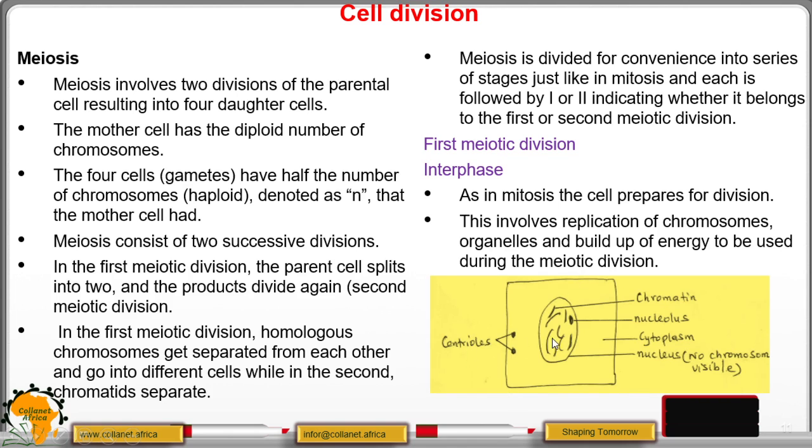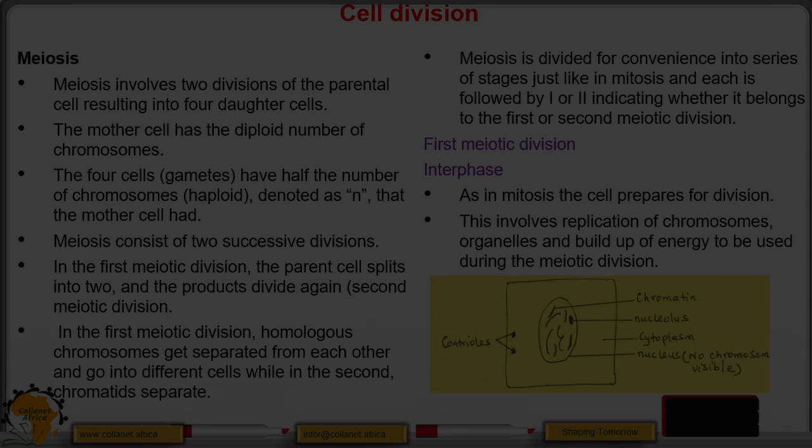There are no visible chromosomes in the nucleus, and the organelles are being synthesized. Just remember that meiosis takes place in reproductive organs, whereas mitosis occurs in body cells, also known as somatic cells.